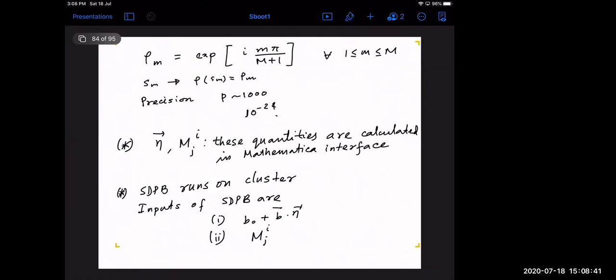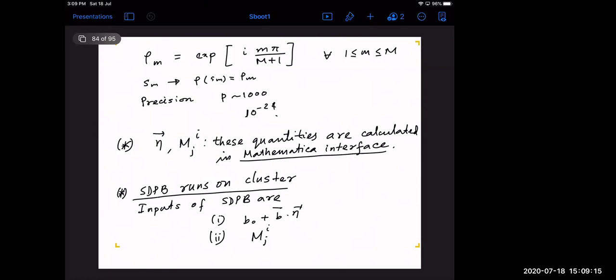So what happens is that you calculate these things in Mathematica, and then you create an XML file, and SDPB actually takes an XML file as an input. That's why, even in Mathematica, you have to give high precision, otherwise Mathematica will just give 0 because the magnitude of these quantities is extremely small.